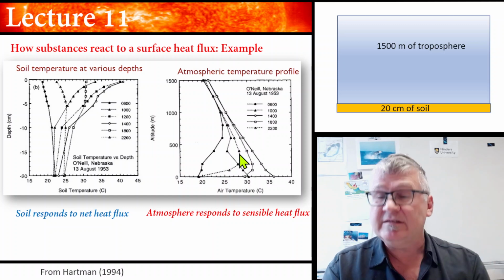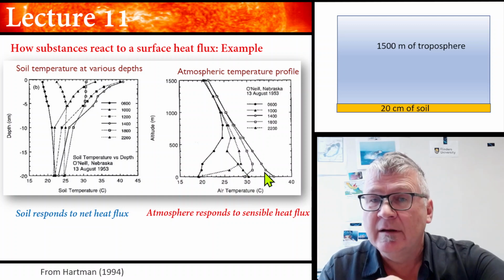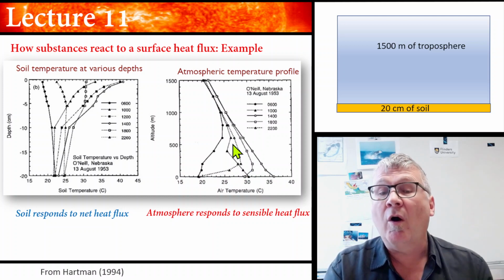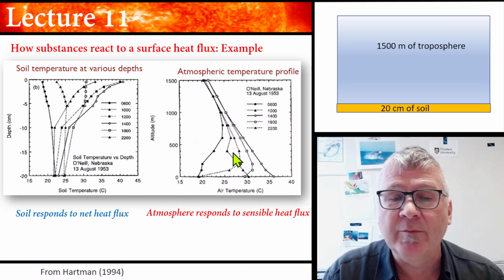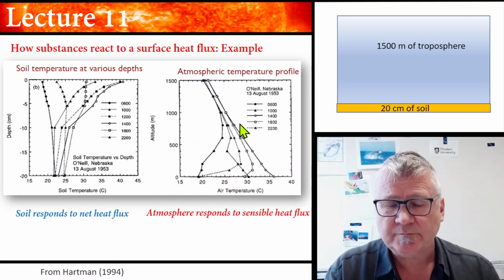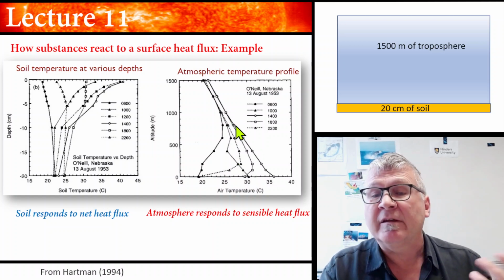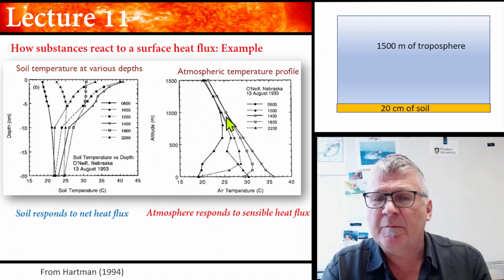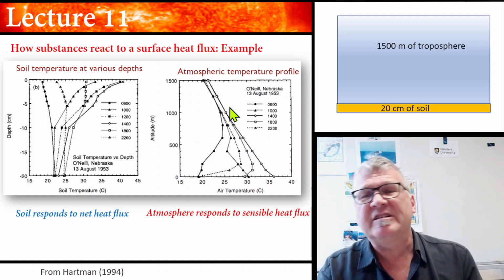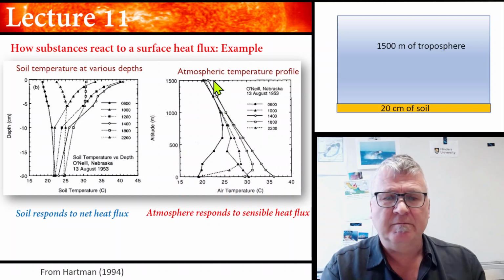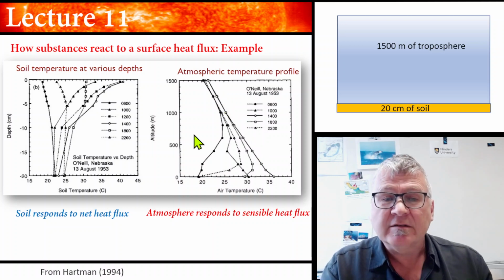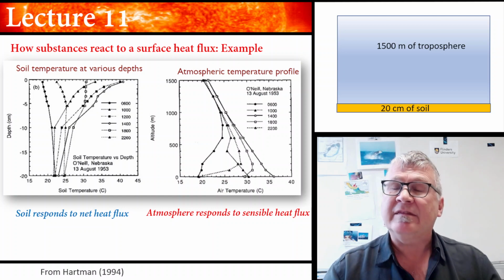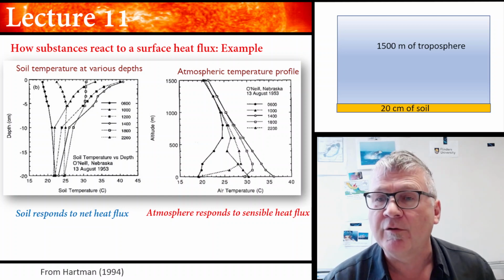The heating by the soil underneath influences the temperature over almost a kilometer. Above that, there's nothing happening. You might be surprised to see that temperature increases with height, but that's just the pressure effect. So this is one example of illustrating that the atmosphere is heated from the ground.